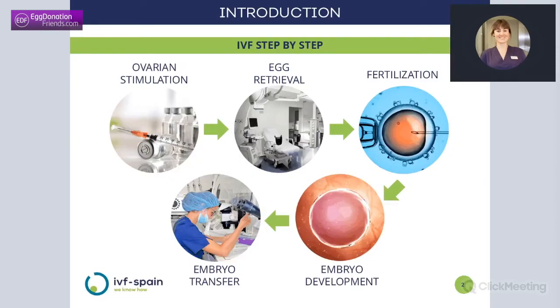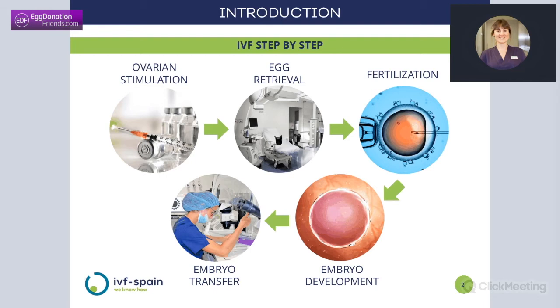Just as a little brief summary, as you know, when a patient goes through an IVF journey, the process consists of a number of steps. First of all, patients will go through an ovarian stimulation in which they will have to take medication for several days. This process will culminate in an egg retrieval where the eggs will be collected.